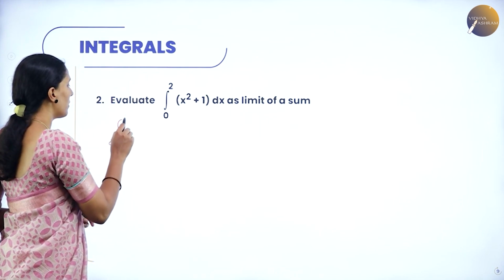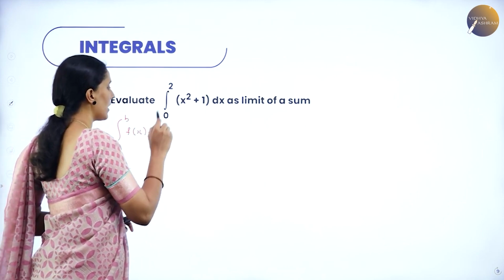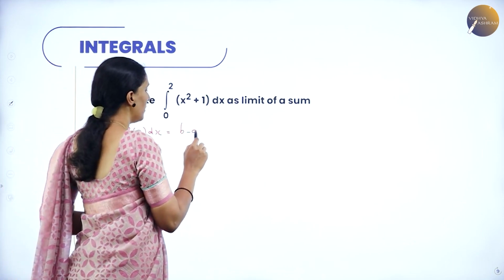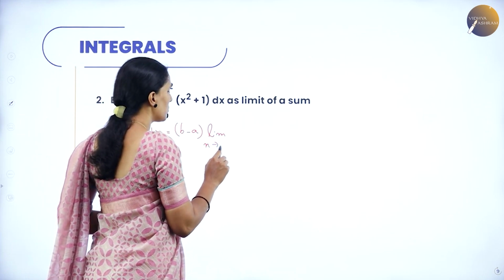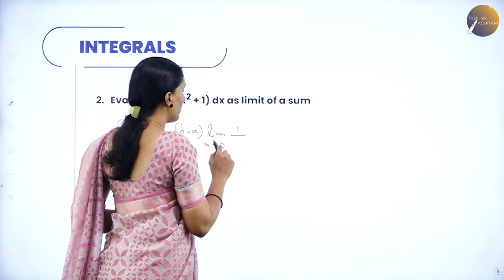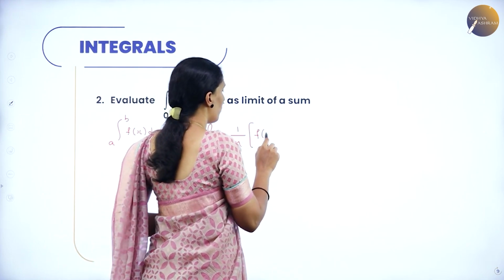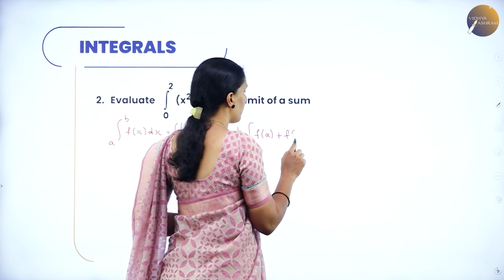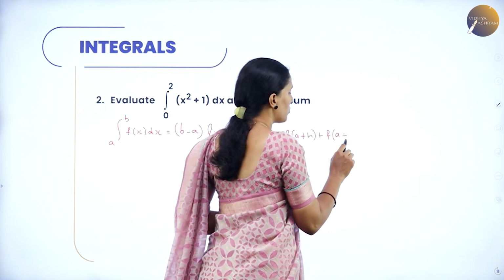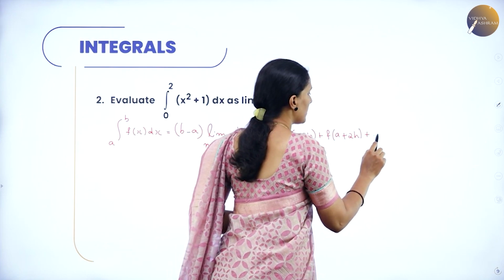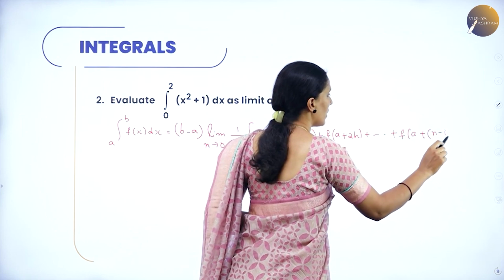So integral from a to b f of x dx can be written as b minus a, limit as n tends to 0, 1 by n into f of a plus f of a plus h plus f of a plus 2h plus etc. f of a plus n minus 1 into h.